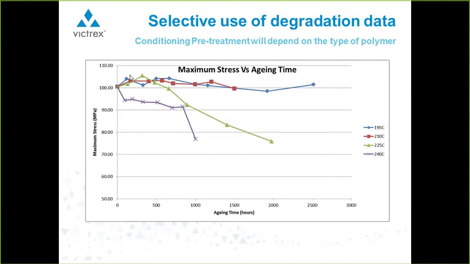And both test standards do allow for a conditioning treatment of the material, which is basically a few days at temperature in the hydrocarbon, which allows the material to absorb hydrocarbon, to become saturated, and then the sour gas is introduced into the test and would begin the chemical degradation process.